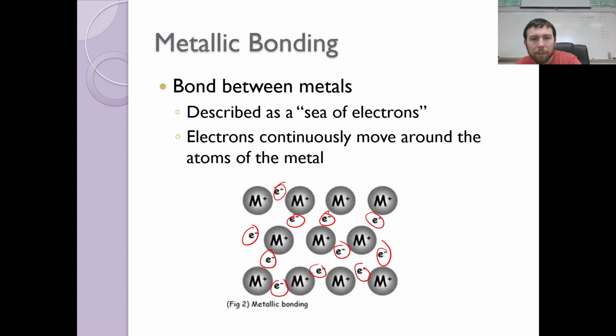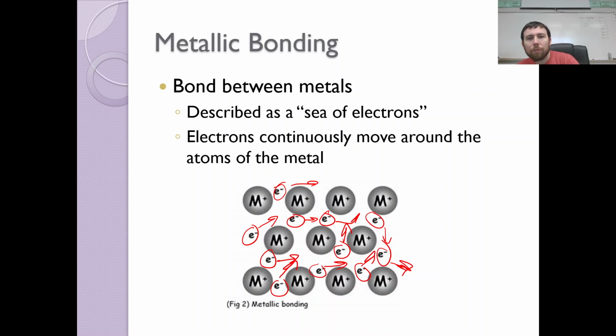And instead of each electron being owned by or attached specifically to one of these metal ions, the gray spheres, these electrons have the ability to freely move throughout the substance, right? They're moving around, and they're going to continuously move. They're not just going to stay in one spot.